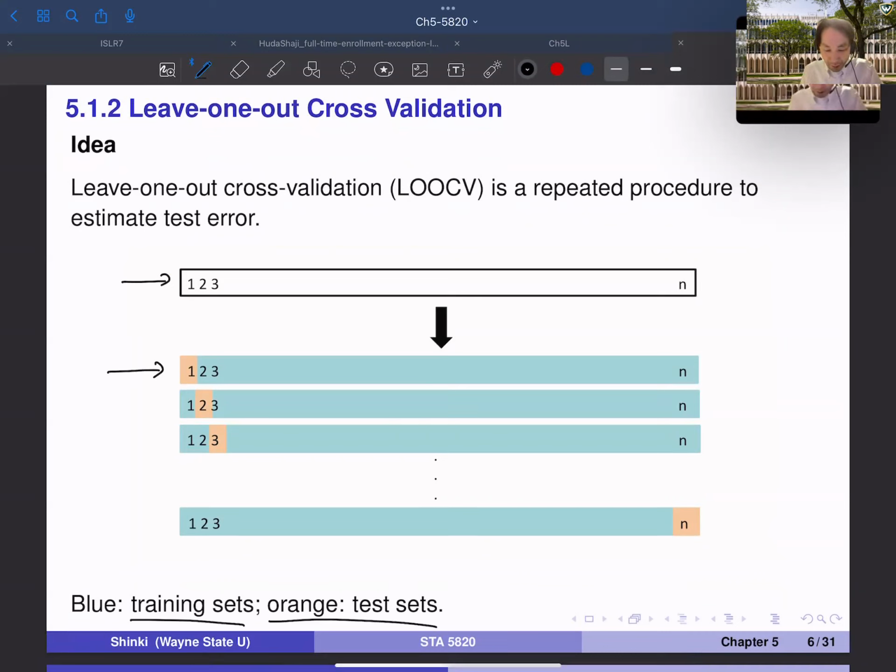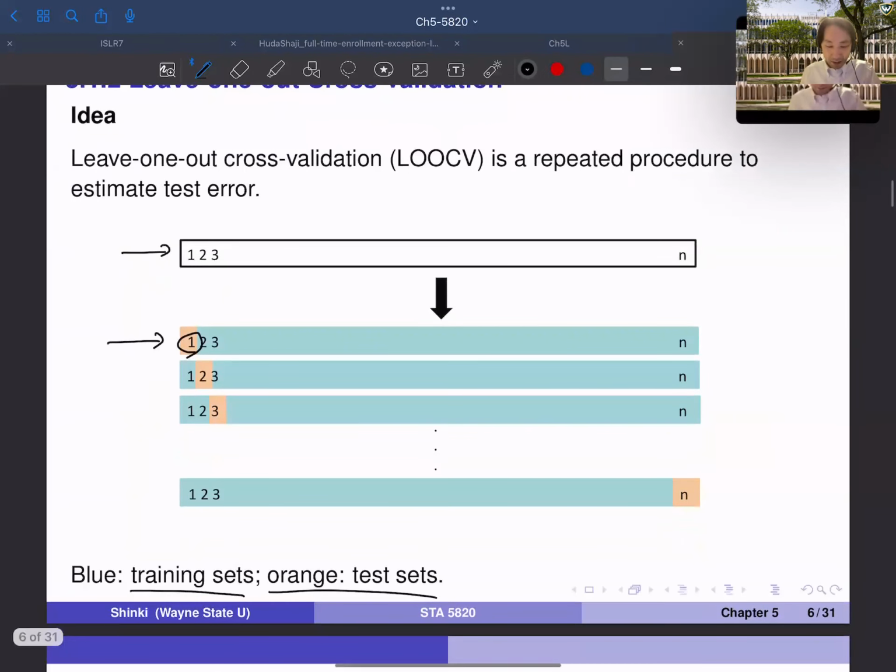At first, we take just the first observation as the test set and the other n-1 observations as the training set. We fit a model, for example a linear model, with the training set of n-1 observations. Then we evaluate the performance with just this one observation.